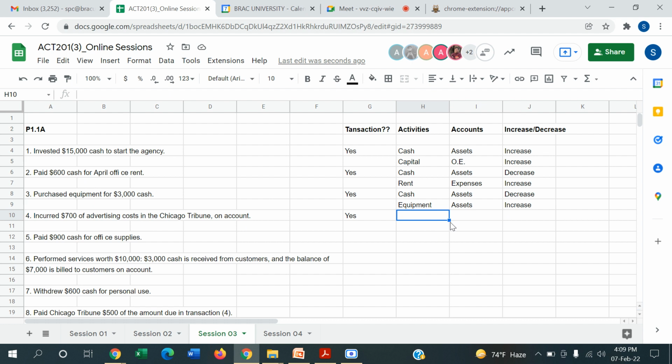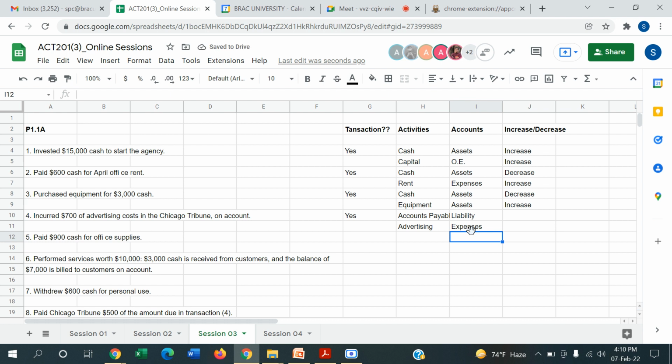So what accounts are affected? Accounts payable and advertising. Accounts payable is a liability, and advertising is an expense, because you already consume the benefit.